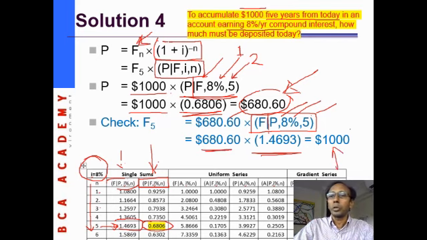So the future value is going to be $1,000. So this is the reverse calculation of the question, to ensure that the answer 680.6 is correct. I hope it's clear to you. Let's proceed with some more questions to be done by you.